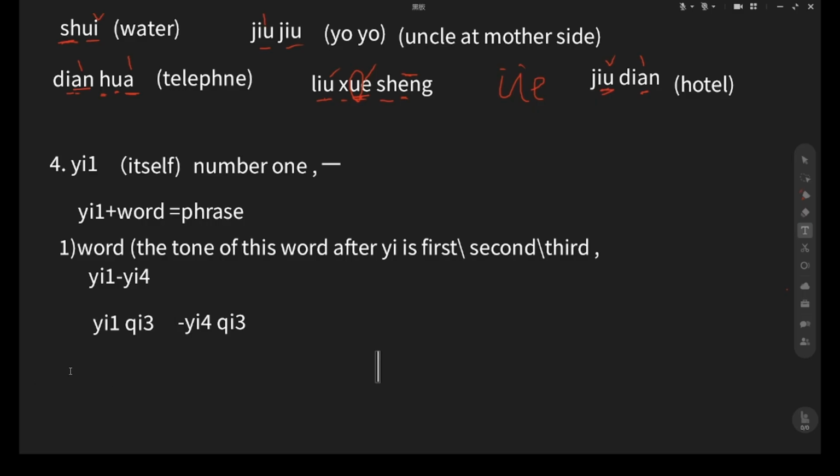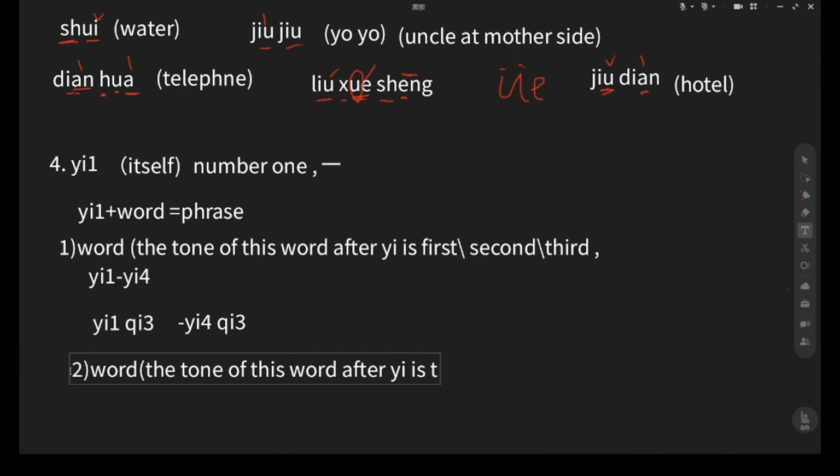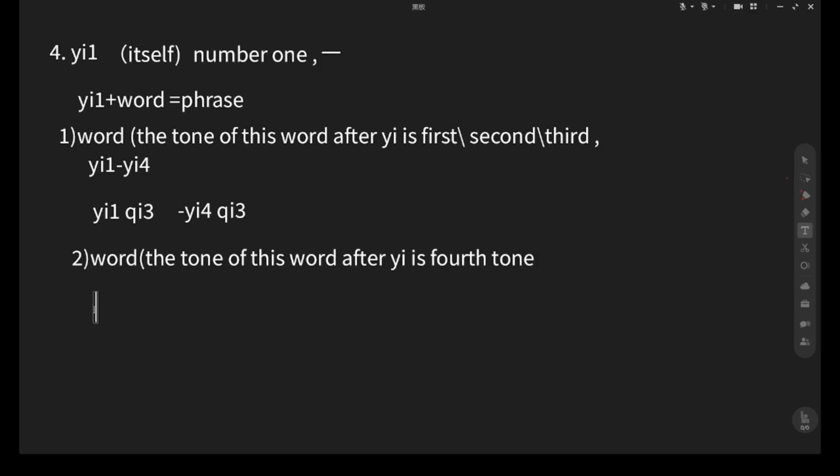Got it? So if the tone of these words after 一 is fourth tone, then this 一 we change to the second tone. You see? Example.